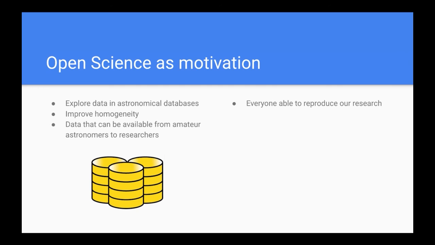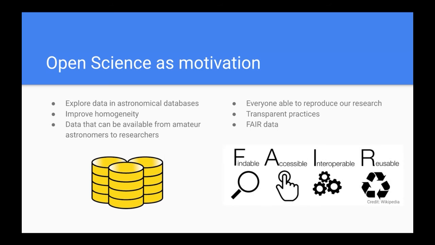And the second one is that everyone is able to reproduce our research and also see the transparent practice that we could do with this kind of information from the databases.